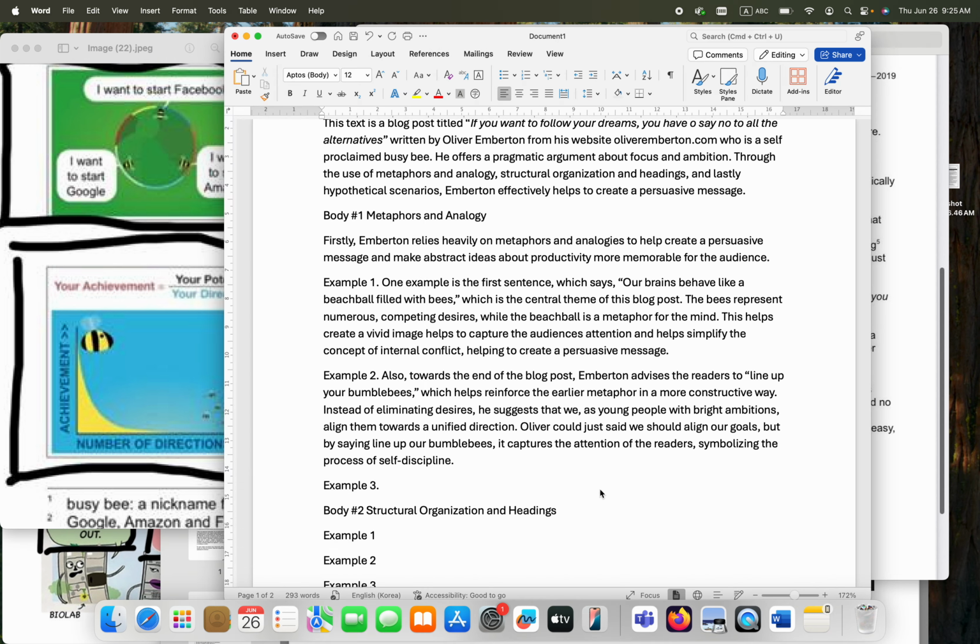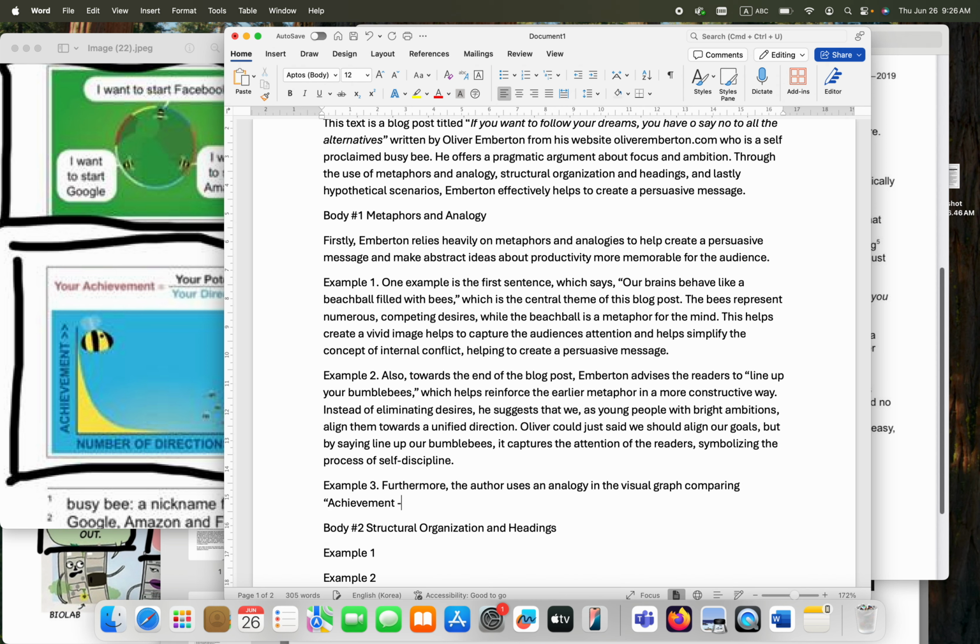So furthermore, the author uses an analogy in the visual graph comparing achievement is equal to your potential over your directions.